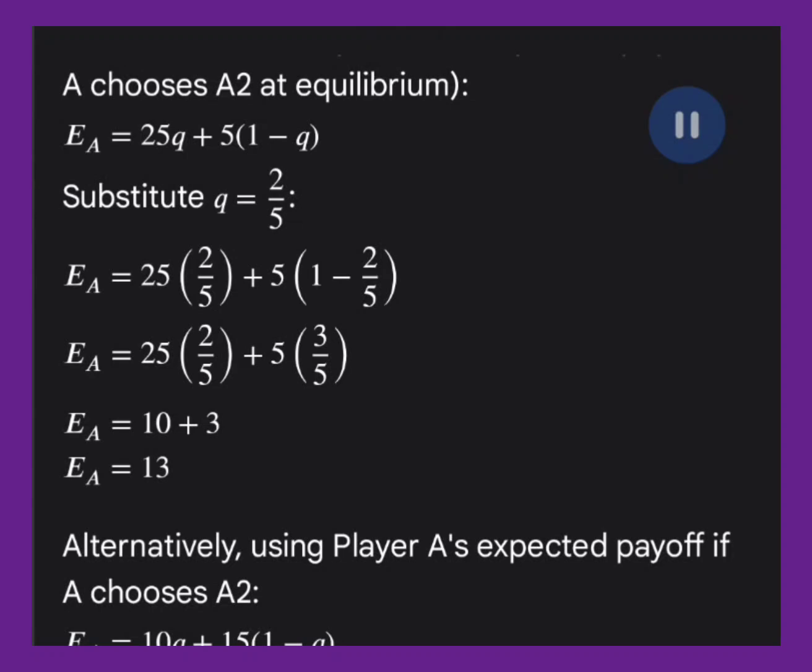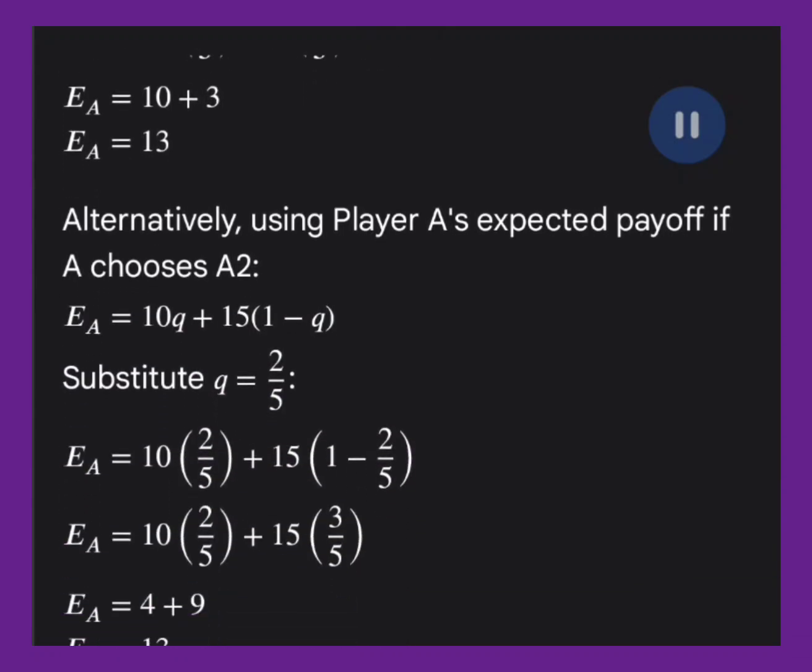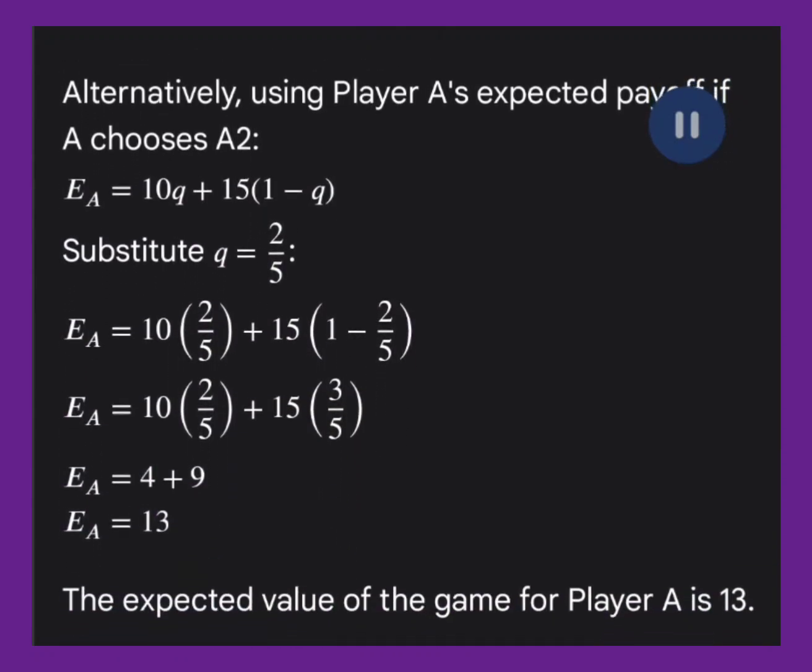EA equals 25Q plus 5(1-Q). Substitute Q equals 2/5. EA equals 25(2/5) plus 5(1 minus 2/5), which is 25(2/5) plus 5(3/5). EA equals 10 plus 3. EA equals 13.